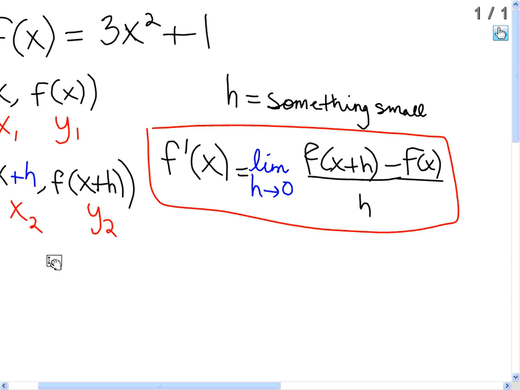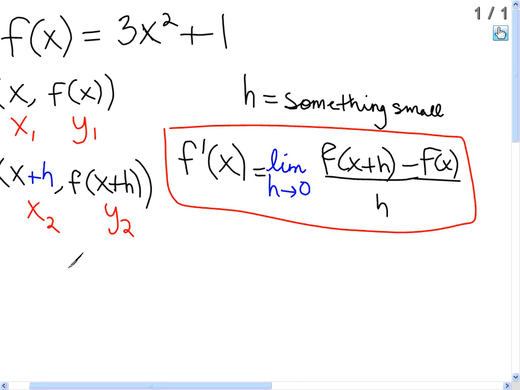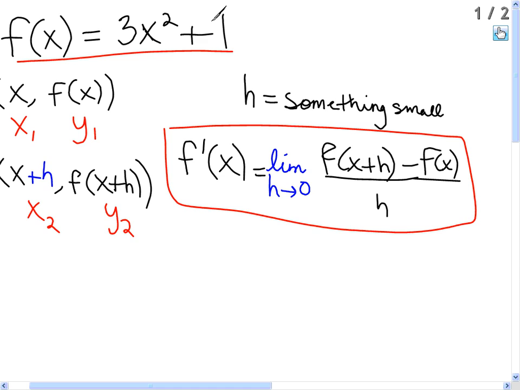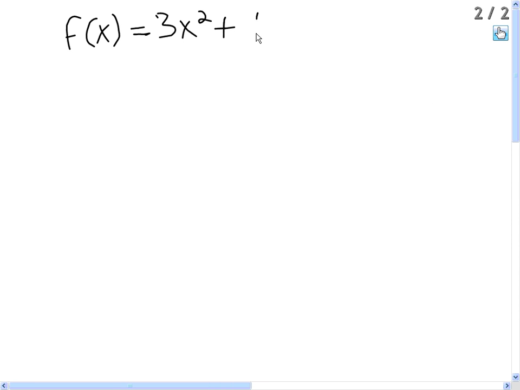All right, so we have f of x. We said f of x was this good old equation here. F of x equals 3x squared plus 1. So let's go ahead and find the particular parts that we need to find. So let me go to a new page. I know f of x is 3x squared plus 1.